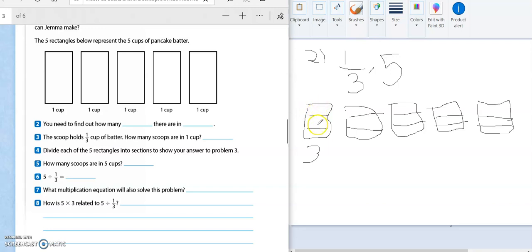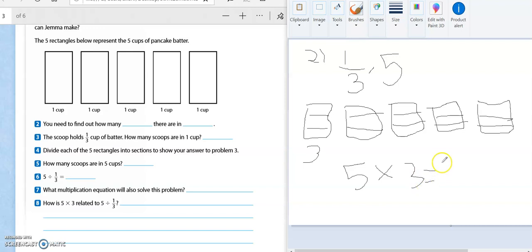So we have 1, 2, 3, 4, 5, 6, 7, 8, 9, 10, 11, 12, 13, 14, 15. We have 15. So it's the same thing as multiplying 5 times 3. We would get 15. So the answer to 5 divided by 1/3 is also 15.